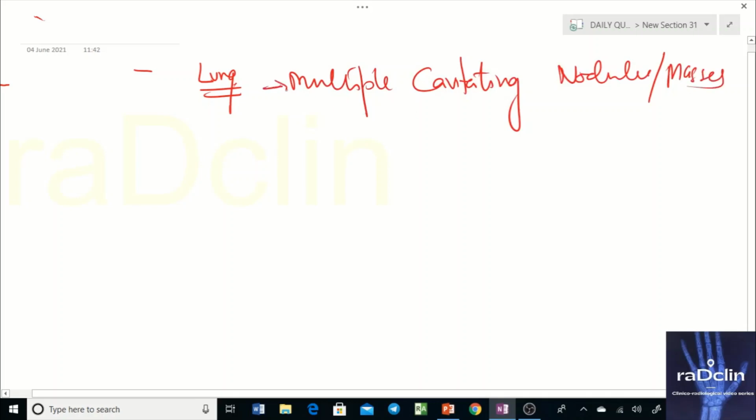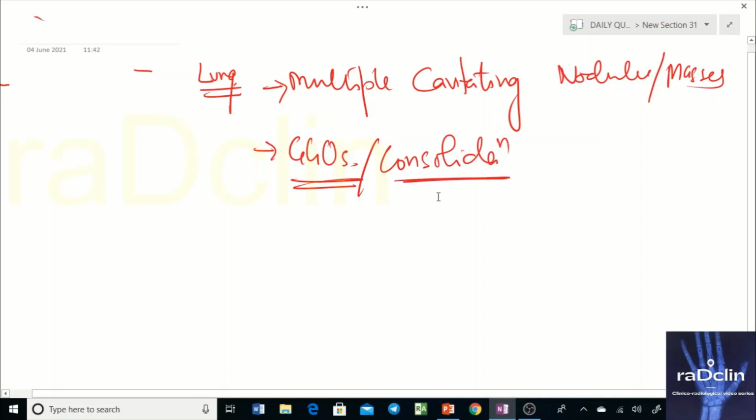The next important finding is GGOs or consolidation. Remember, Wegener's can present with GGOs or consolidation only. Isolated GGOs or isolated consolidation can be a presentation in Wegener's also, so you might not see multiple cavitating nodules and will see only this.